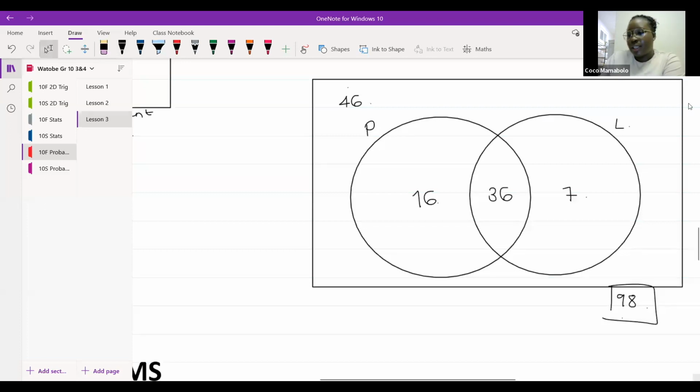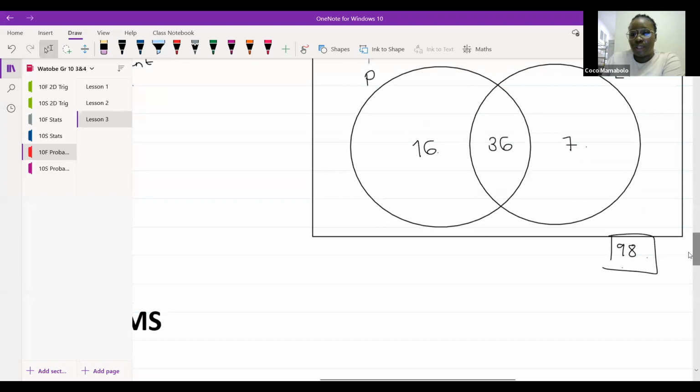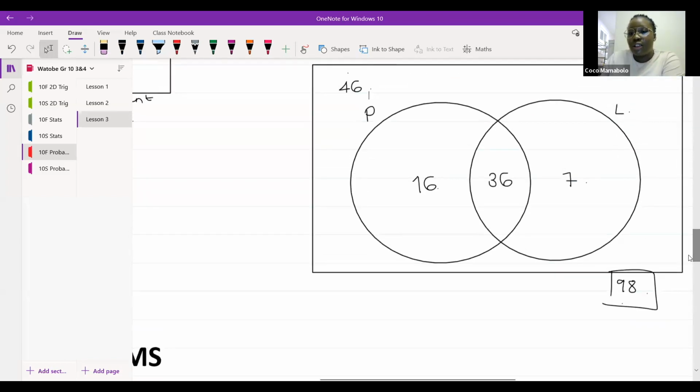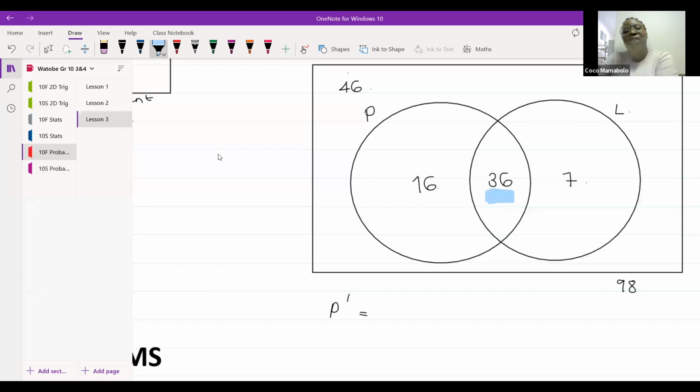So let's talk about this. Let's look for the complement of physics. How many students do not take physics? Wouldn't we add 36 and 7? No, remember, the kids in the middle do take physics. They just happen to take another subject as well. So how many kids don't take physics?